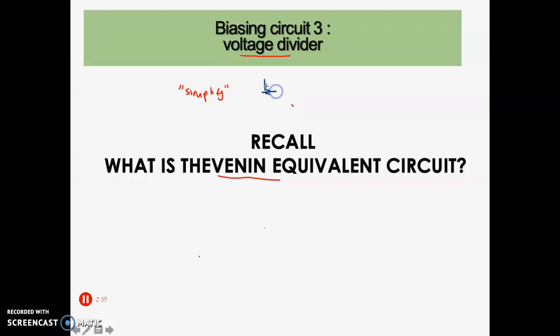You have two elements. One is VTH, which will be in series with RTH. So you will have only two elements, and here you are going to connect to your load. Why do we need to do Thevenin at a voltage divider? To simplify the circuit, so only two elements are left inside the circuit.